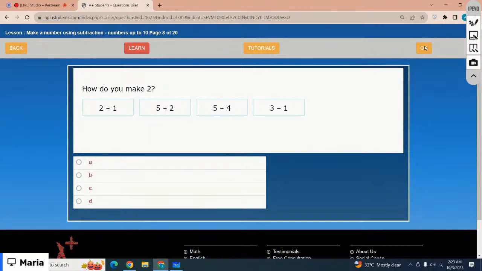Okay, how do you make 2? Which is the correct option?